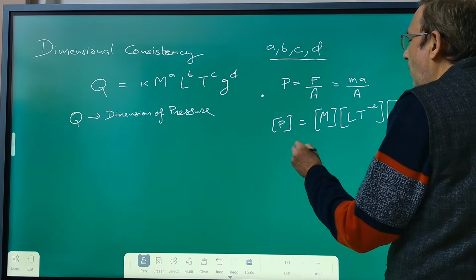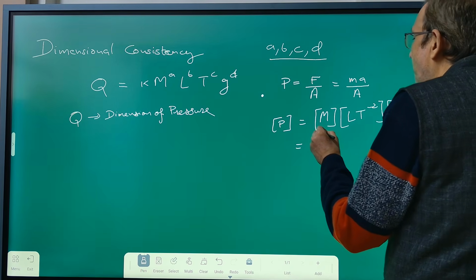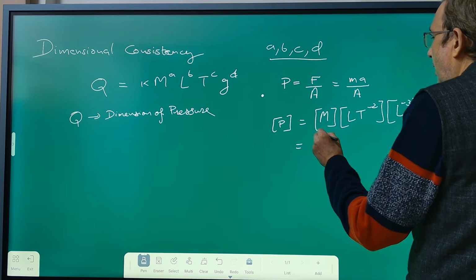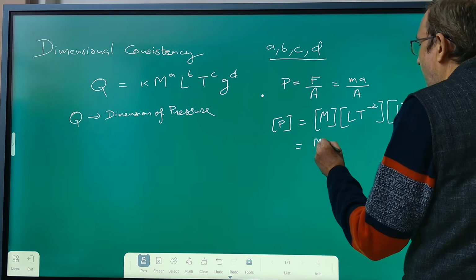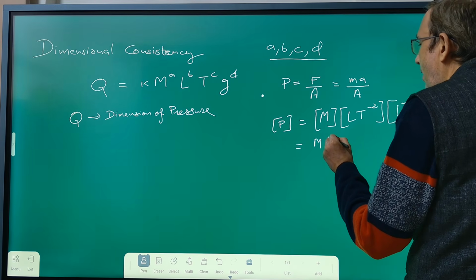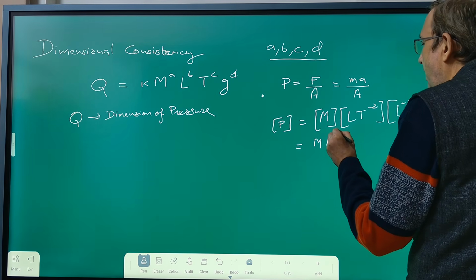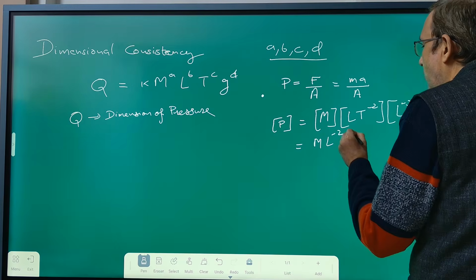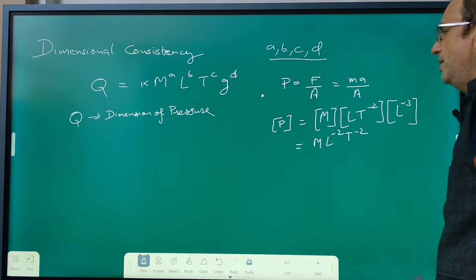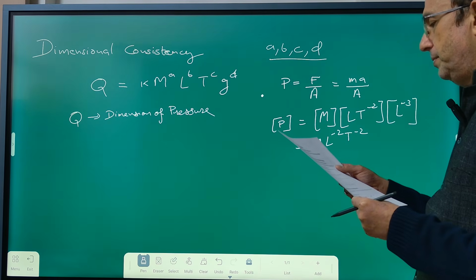If you combine all of them, pressure becomes M L T raised to power minus 2.